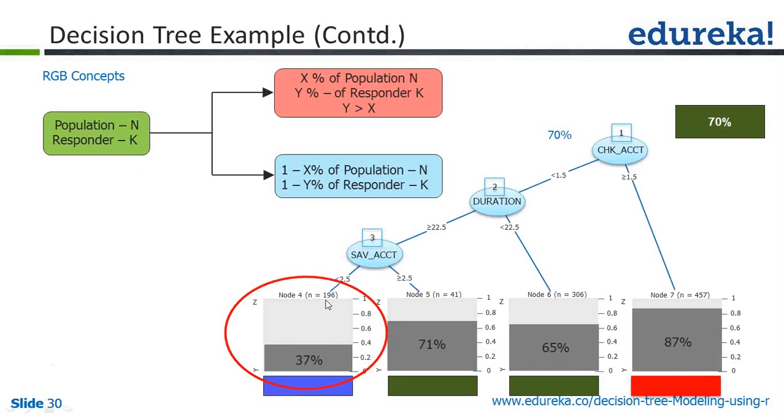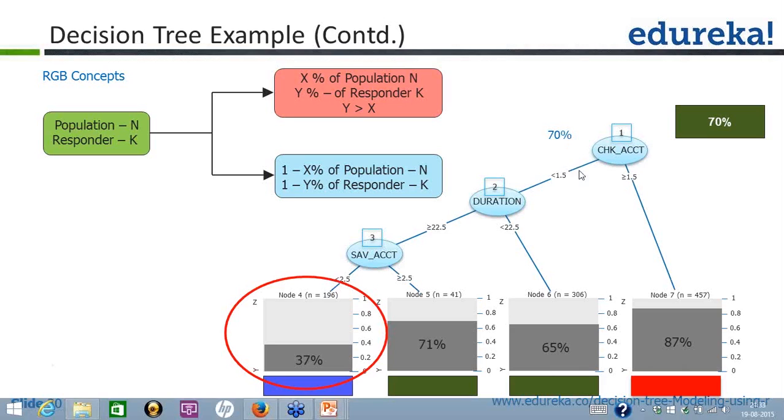Because there are very few yes here, only 37% yes, 63% no. So this is your blue zone where the response rate is much lower, correct? Are you clear with this color concept? This is the red zone, this is the blue zone, and these are similar to the base rate, right or wrong? Very good. So all of you are clear.